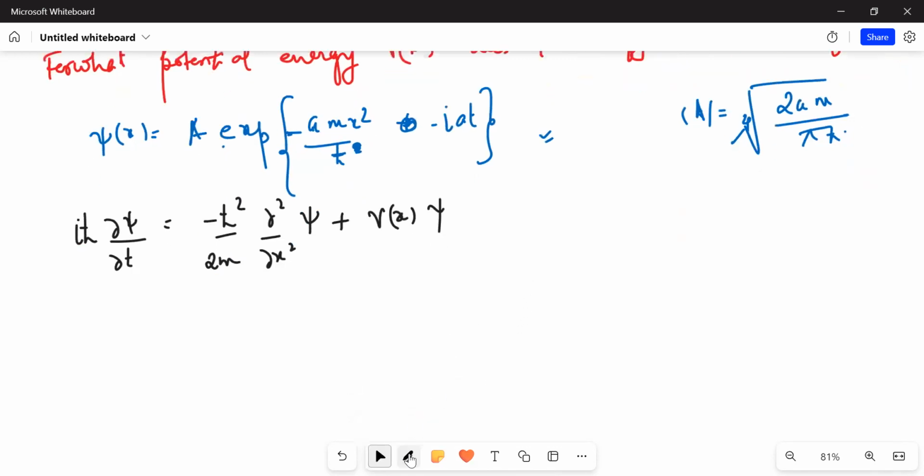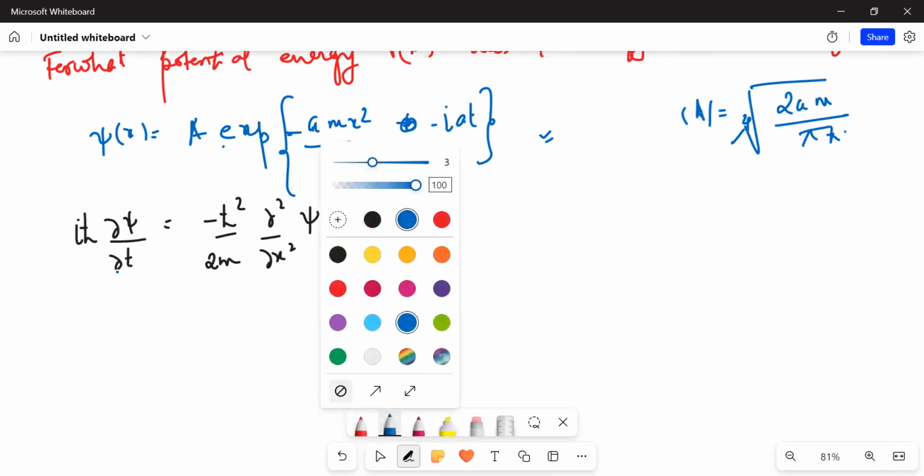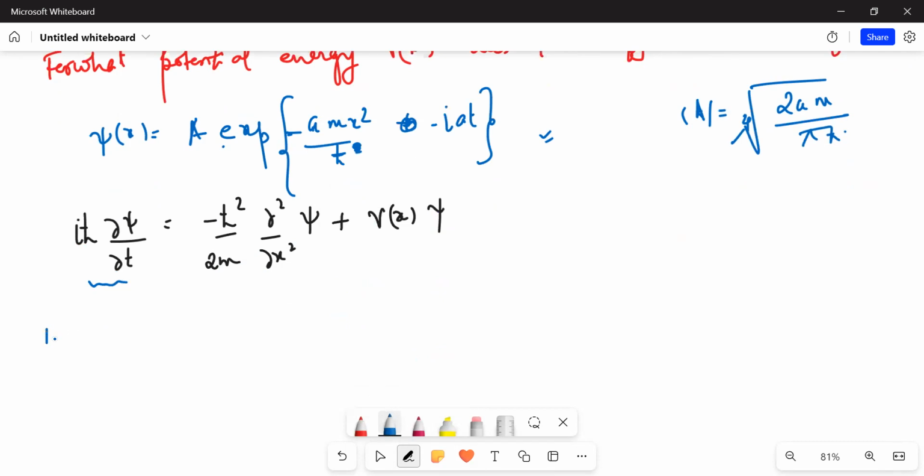Now here, if you just replace this particular thing, I'll do it step by step. First I'm going to find the left hand side. On the left hand side, this is i h-bar del by del t of A e to the power of minus a m x squared upon h-bar, minus i a t. I'm writing A here, if necessary I'll replace it, don't worry.